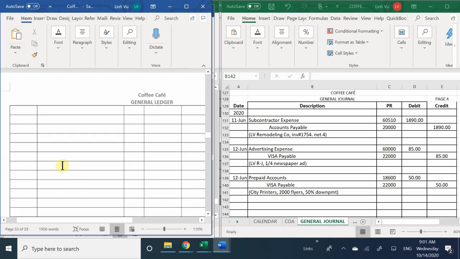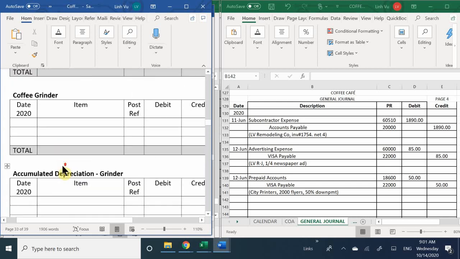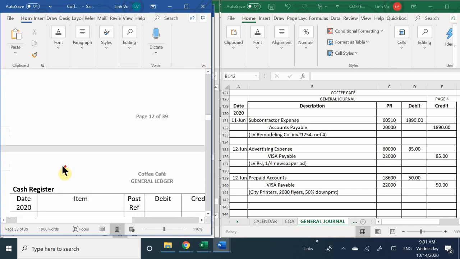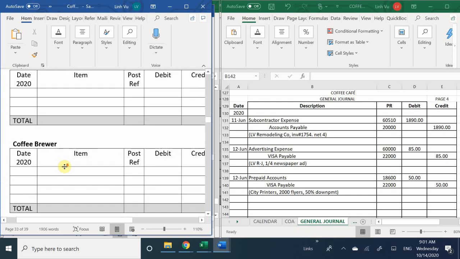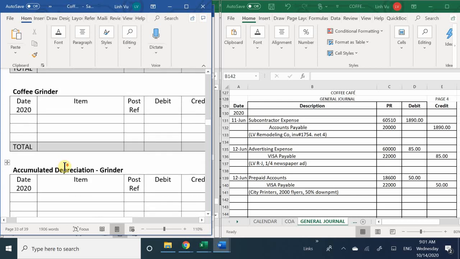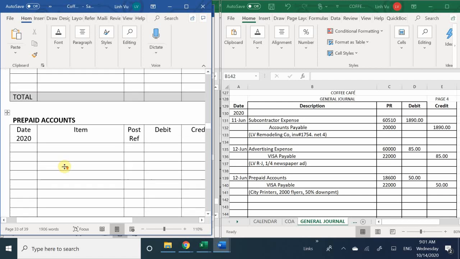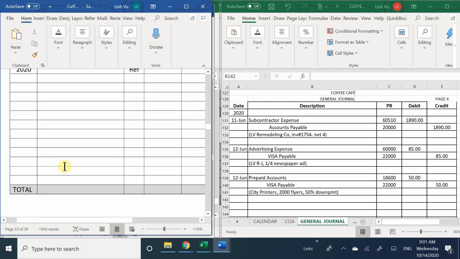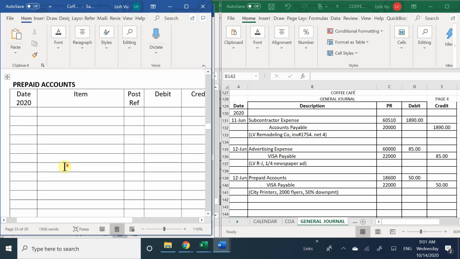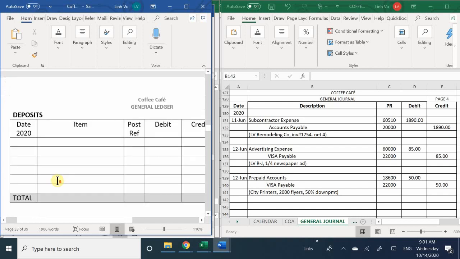Let me see, payroll expense. Here, so prepaid accounts is going to be on page 15. So this is where we are.